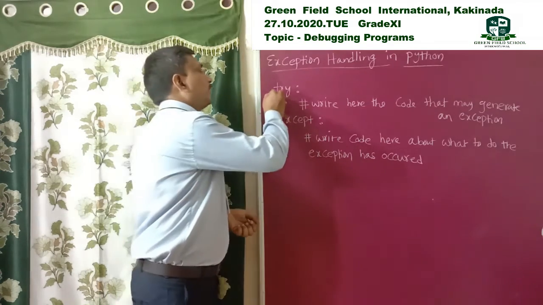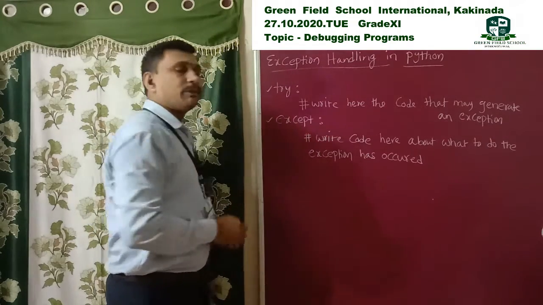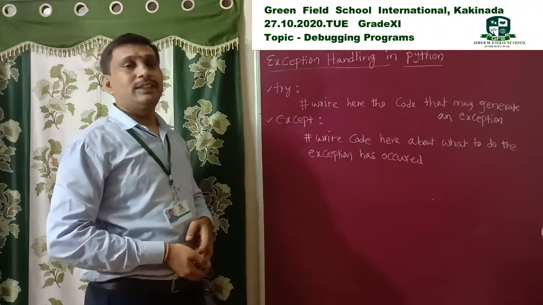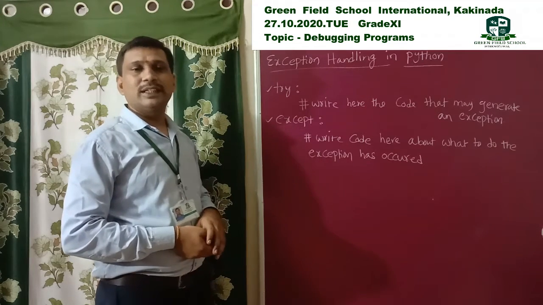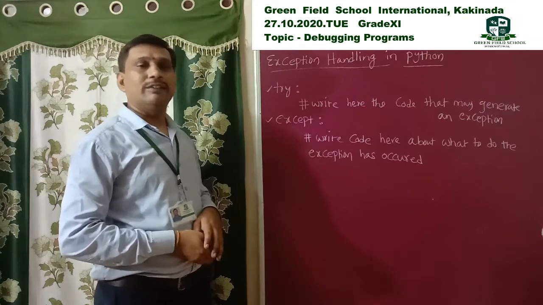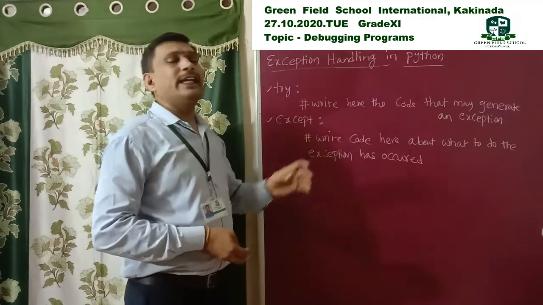Observe this: try is a keyword and except is a keyword. These two clauses handle exceptions in the Python programming language. Here we write the code that may generate an exception.